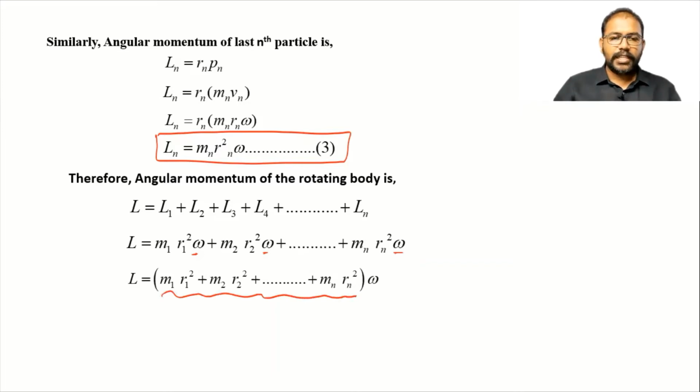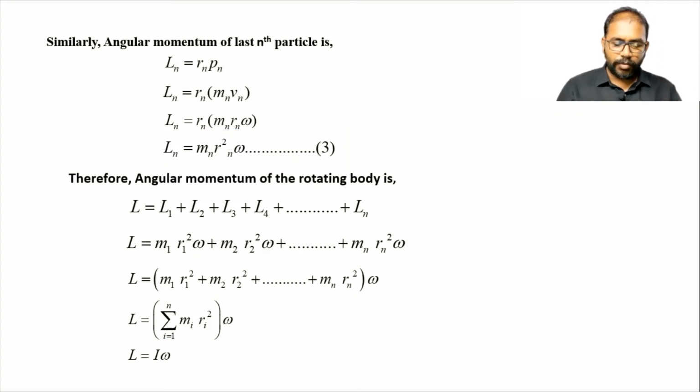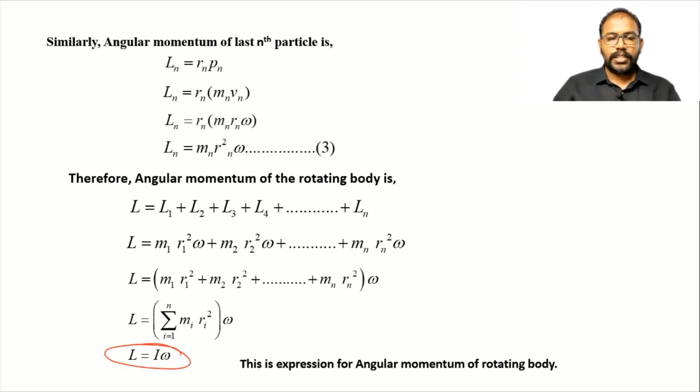This bracket is the summation of m i r i square, which is the moment of inertia. So we can write angular momentum is I into omega. So we get the expression for angular momentum, which we already used in the previous article also. This is the expression for the angular momentum of a rotating body.